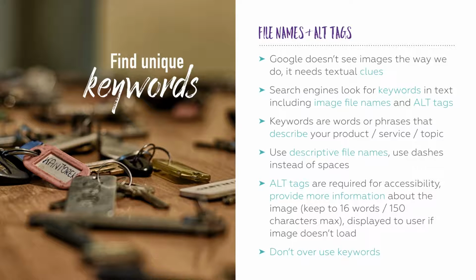Keywords are words or phrases that describe your product or your service, your business, or the topic of your page. Typically, it's best to stay away from any kind of technical jargon. Use words and phrases that your audience would use. So, if you were a customer or a client of yours, what would you type into Google to find your business?